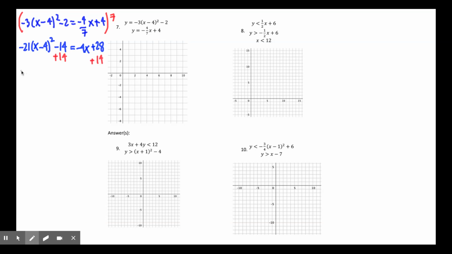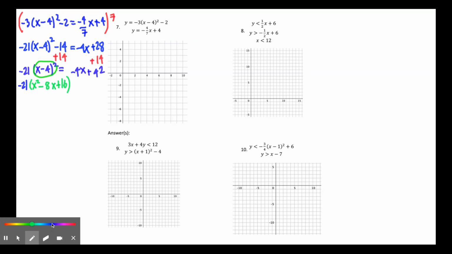And then just to consolidate a bit, because I have to expand this (x minus 4). So then that's -2 plus 42. And then I need to expand this here. So then that's -21 times x squared minus 8x plus 16 equals -4x plus 42.